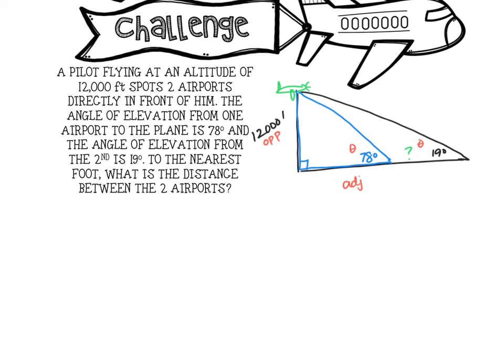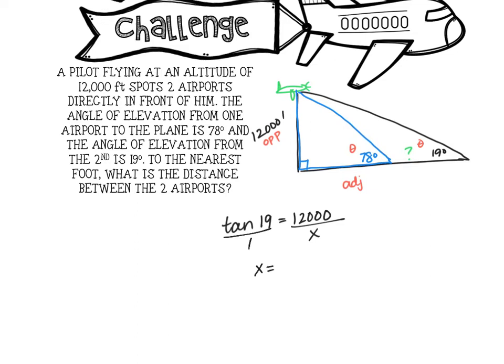So I'm going to try to keep these color-coded. Let me do the one in black first. Again, we're talking about tangent. So tangent of 19 degrees is equal to opposite over adjacent. I'll put an X here initially, the bigger one. And again, we're doing the cross products.